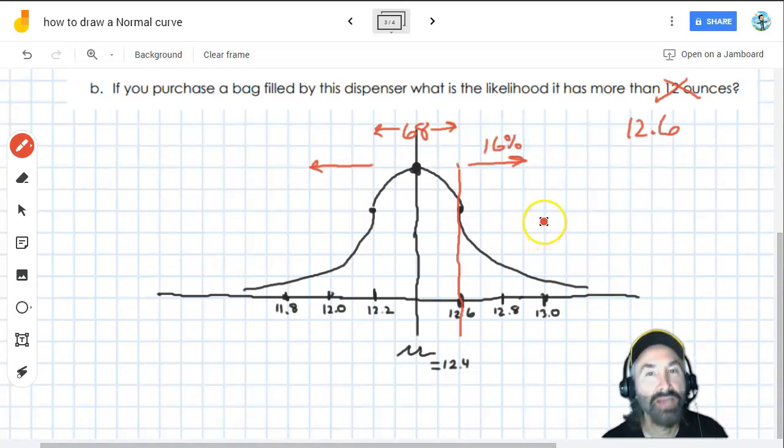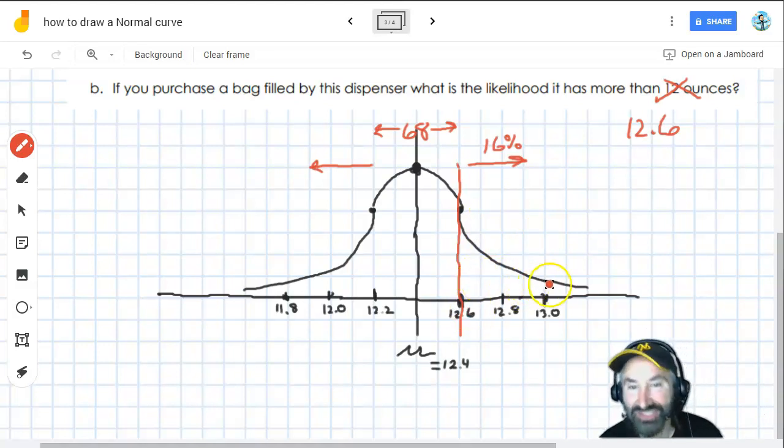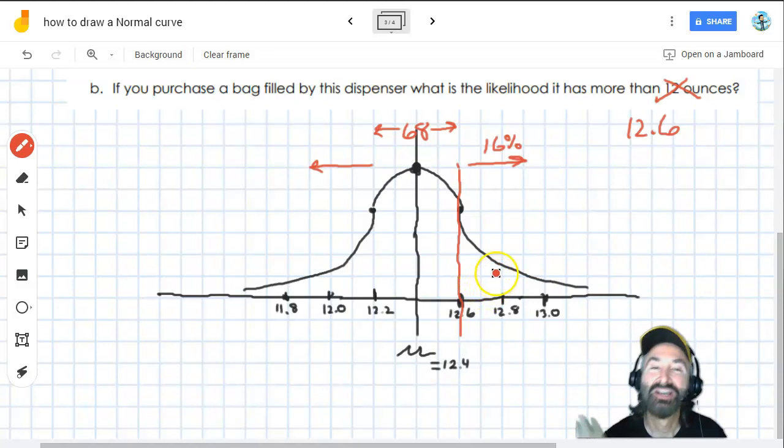Okay, and that's the kind of logic and reasoning I want you to use when you're using the 68, 95, 99.7 rule. Now, there are other ways to do it. You can look up all the decimals for this section and this section and this section, 2.35%, 0.15%, whatever that one is, 13.5%. Ridiculous. Just remember 68, 95, 99.7, okay?